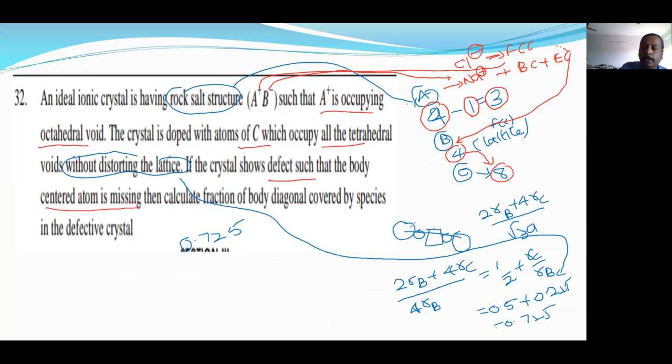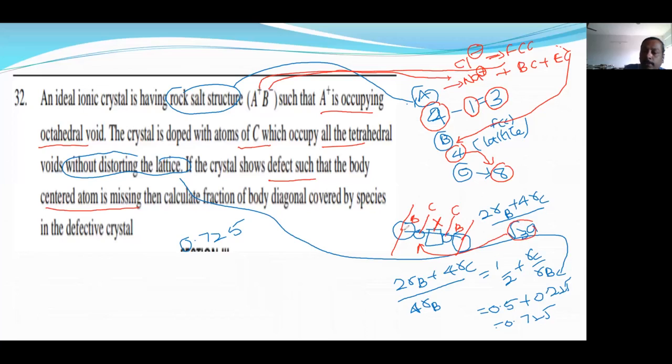Now see here, this is the corner, this is the corner. Who is available at the corner? B. And here, these are the tetrahedral voids, C, and the body center is missing. So this total length, the body diagonal, in terms of a is root 3 a.